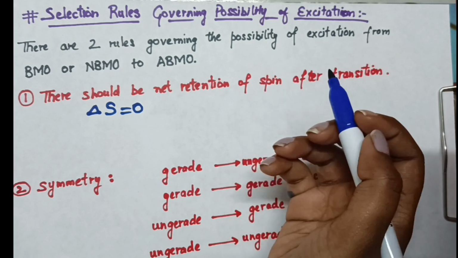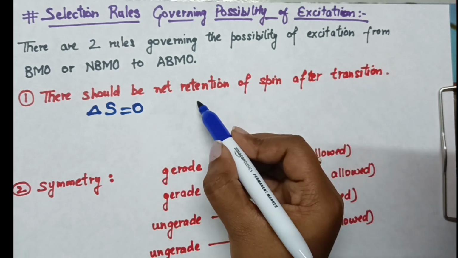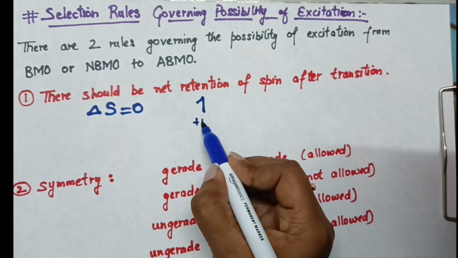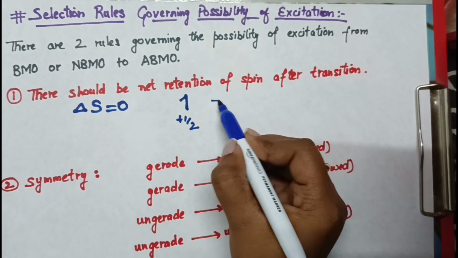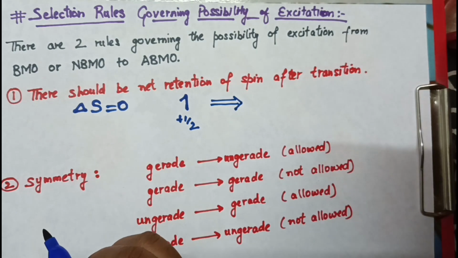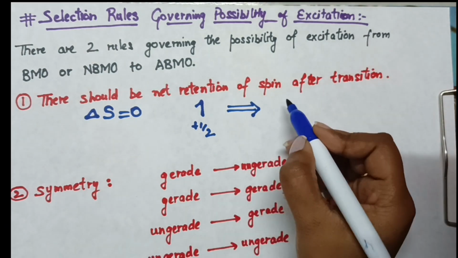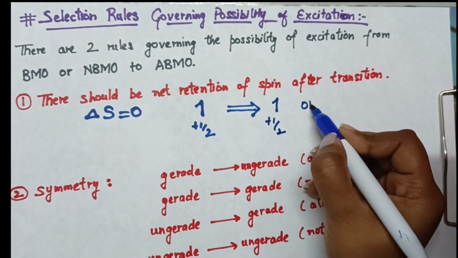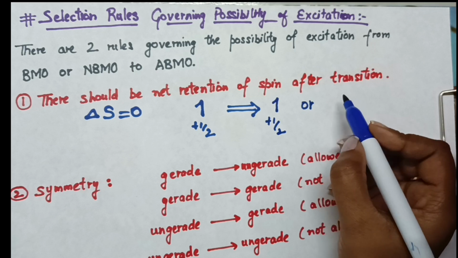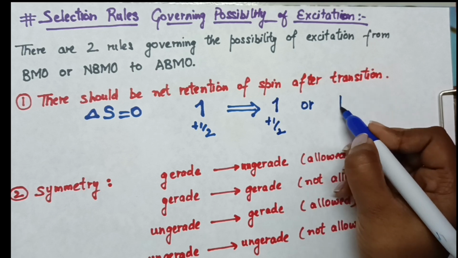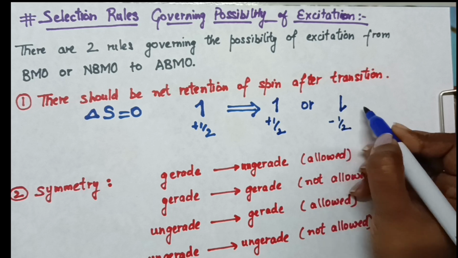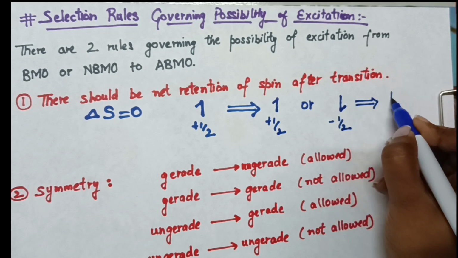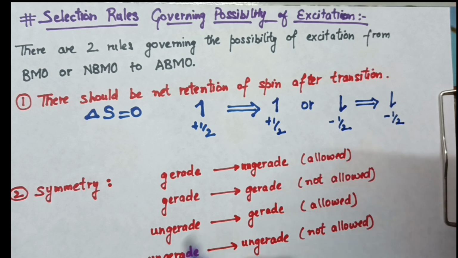So if before transition the spin is plus half, after transition the spin should be plus half. Or in another case, if before transition the spin is minus half, then after the transition the spin should be minus half. This is the first criterion, and this is the first rule governing the possibility of excitation.